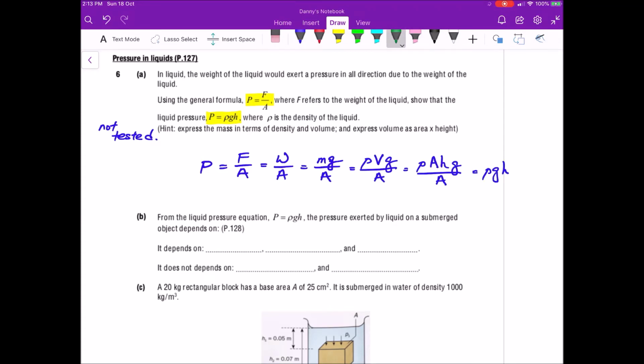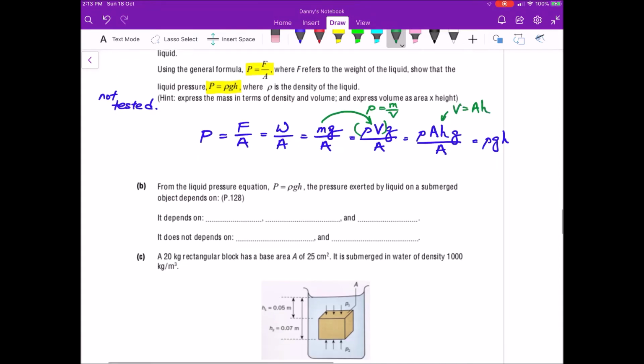So down here I have given you all you need. This step is because density equals mass over V. Then down here, this is because V equals A h. Okay, so I give it to you.